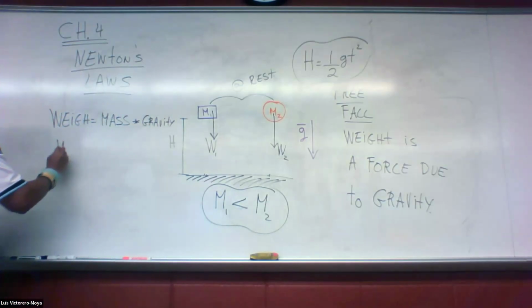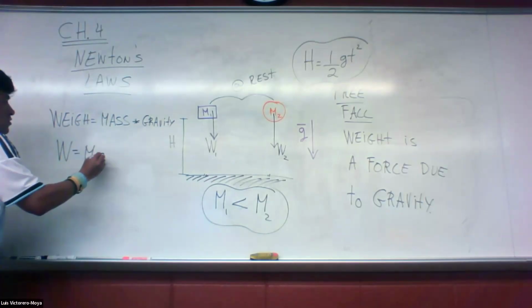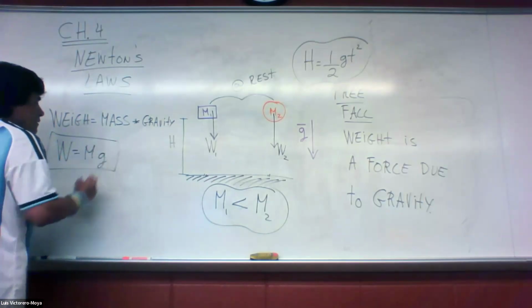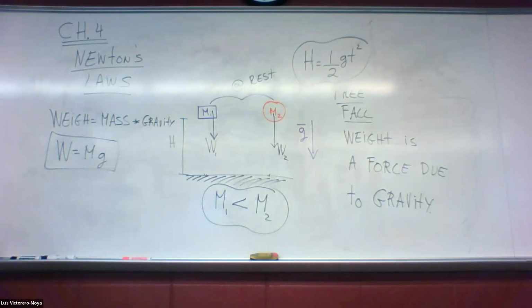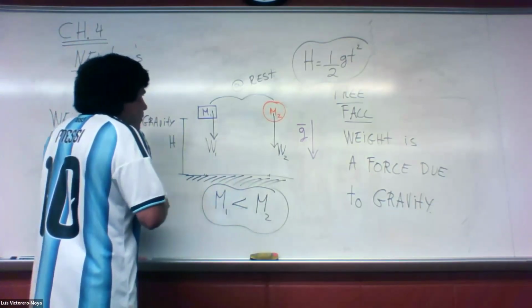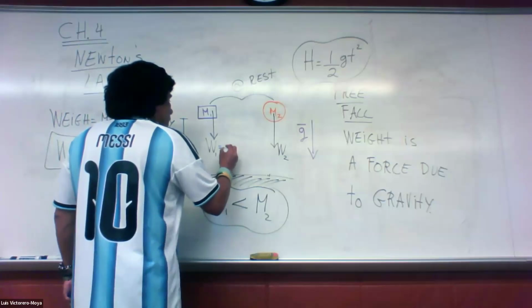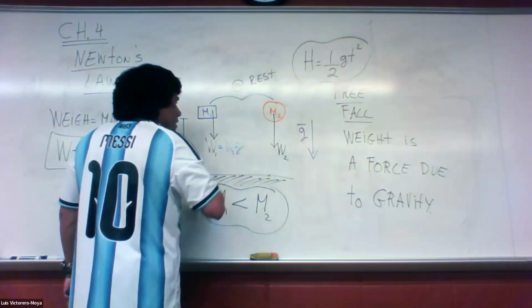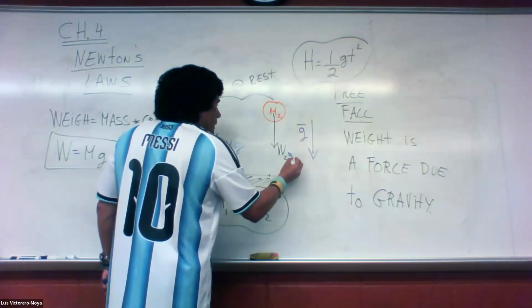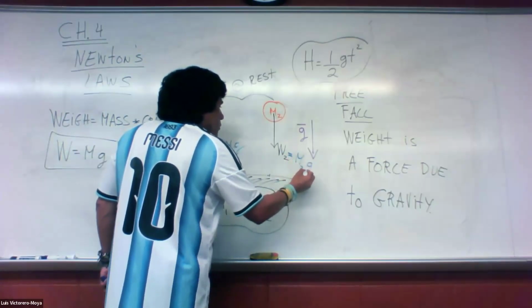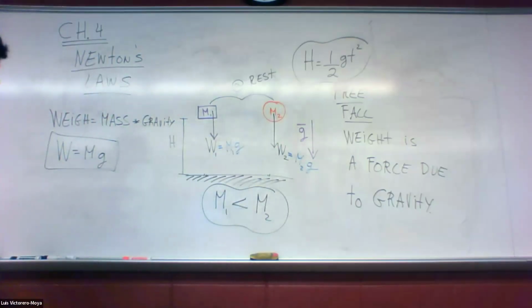We have said W equals mg. That's what it is. So this will be W1 = M1G and W2 will be M2G. And that's the only force acting on the masses.